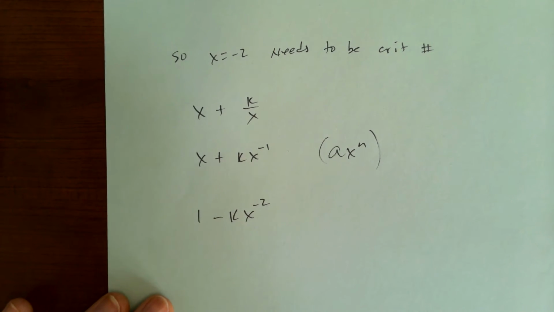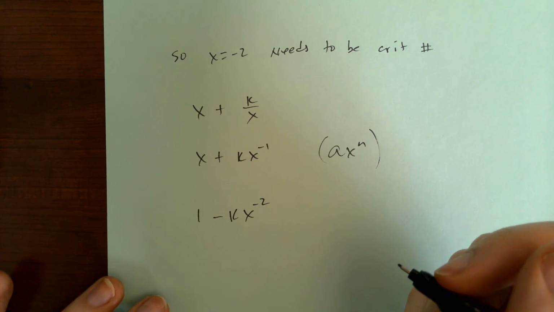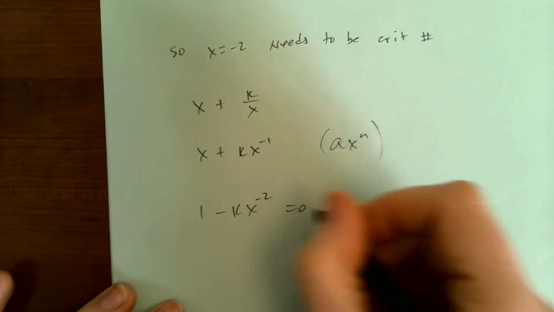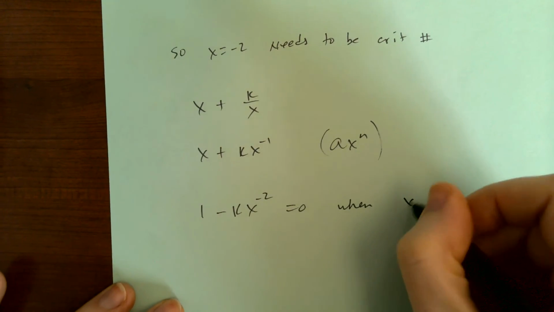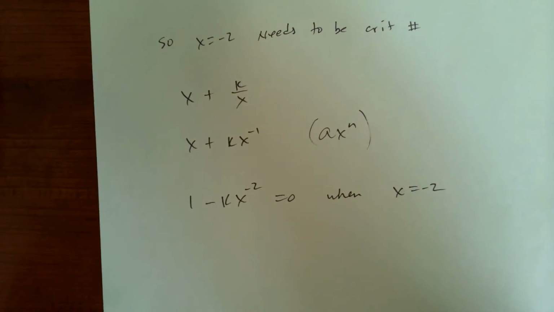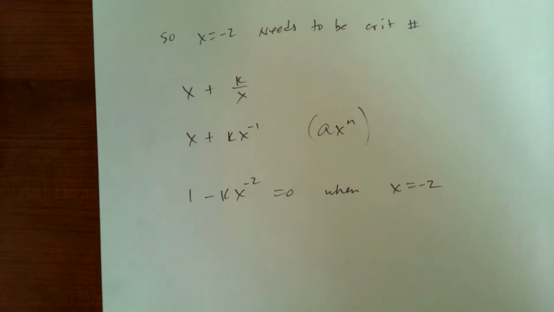And then you set it equal, so I want it to equal 0 when x equals -2. All right, 0 or undefined, when x equals -2.